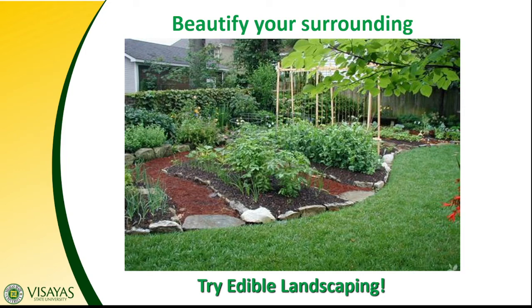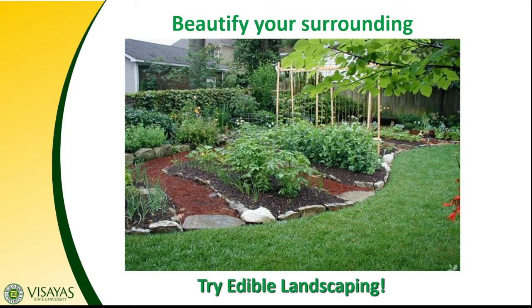So why beautify our surroundings? Of course, we beautify our surroundings to make us happy, because an area planted with different crops looks beautiful and it is always our aim.